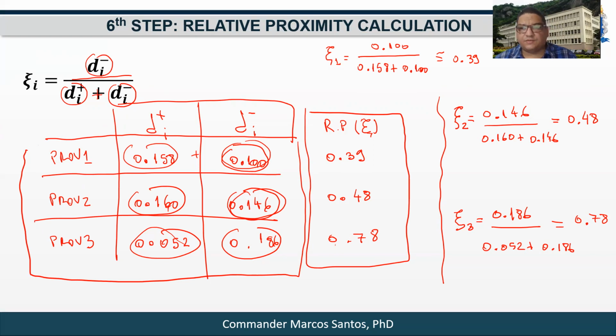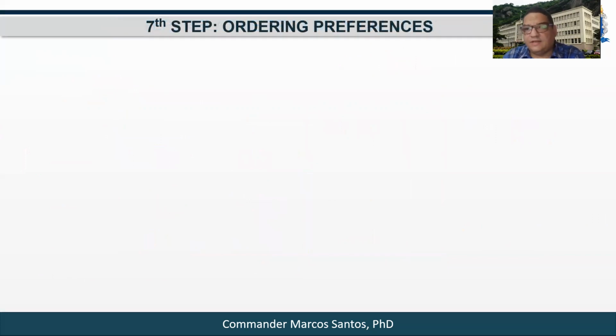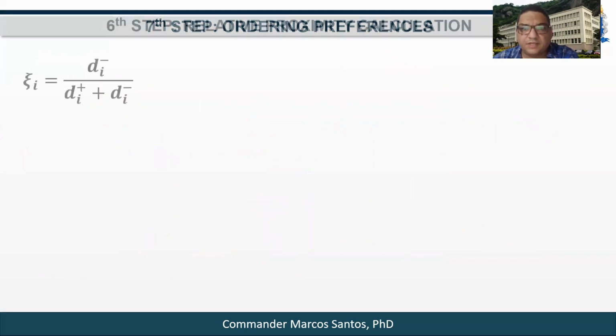This is my result. So now I can finish the method. The last step is ordering the preference. So I have the relative proximity.